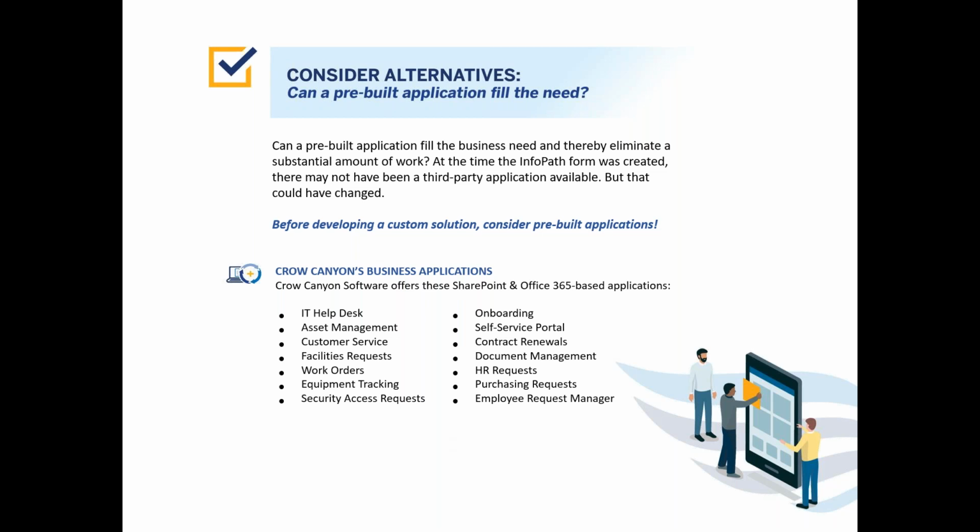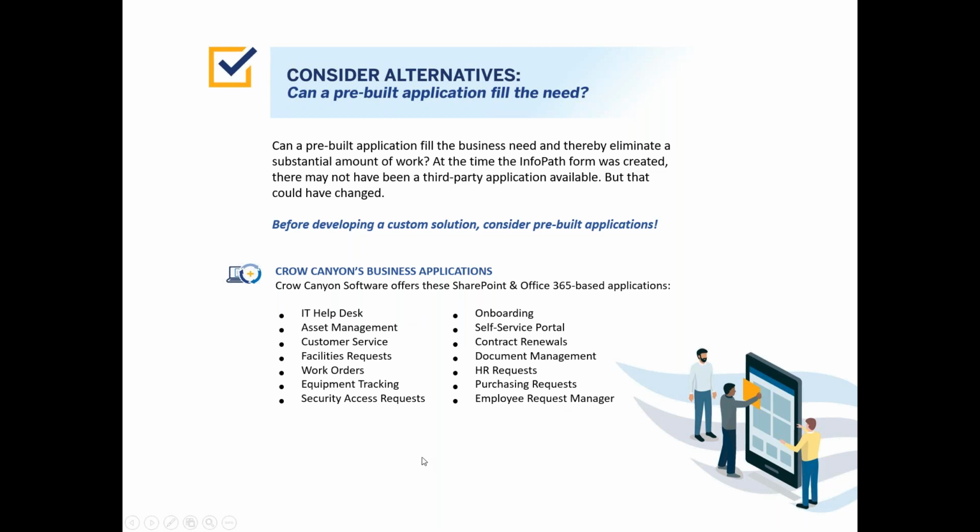So we have a number of them, as you can see here, that could serve the purpose that the InfoPath form did, whether it's a service desk, help desk, asset management, customer service, facilities or work orders, equipment tracking, an access request or leave request, or some kind of compliance request, onboarding, self-service portals, contract renewals, document management tools, HR, vacation requests, purchasing, employee requests, office supplies, administrative supplies.